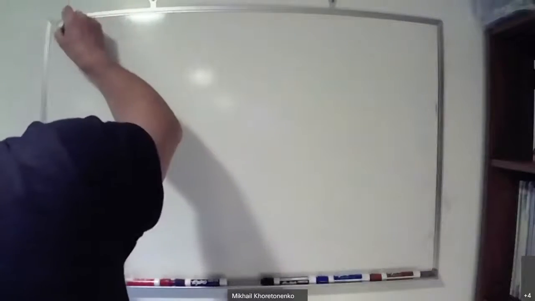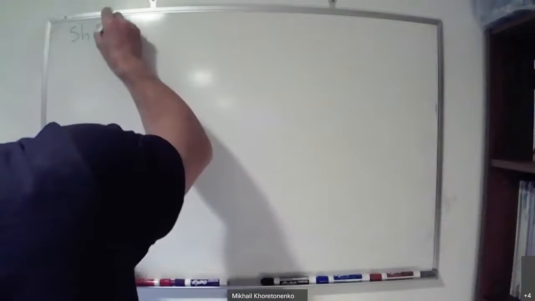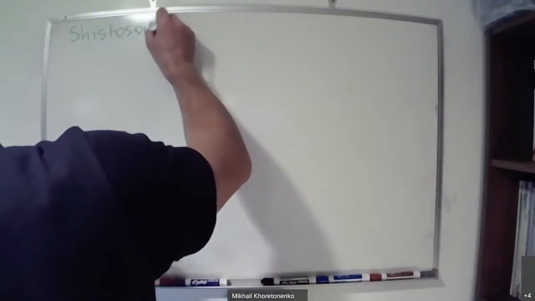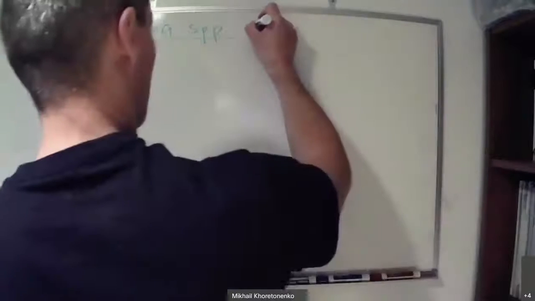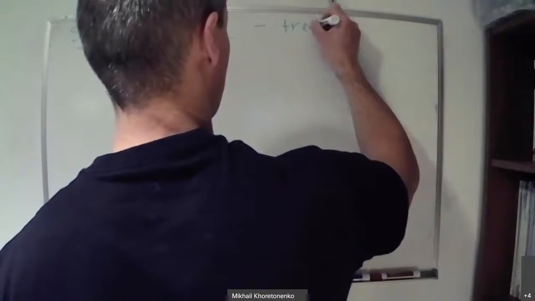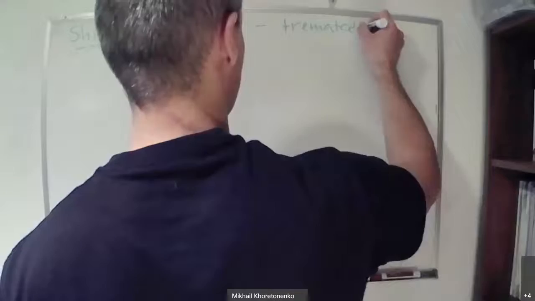Okay, next one is a really fascinating helminth. It's a pretty large genus of Schistosoma. Schistosoma species are trematodes, or flukes.